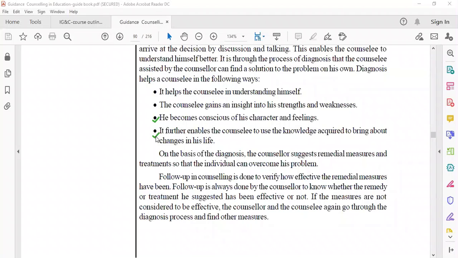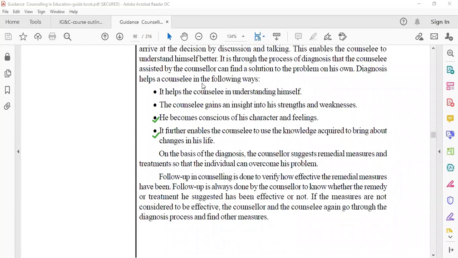Because through follow-up, when a teacher asks a student up to what extent his problem has been solved in the light of the suggested solutions, or in the light of the given guidance, that guidance or that solution of the problems will enable the student to use that information to bring changes in his life.